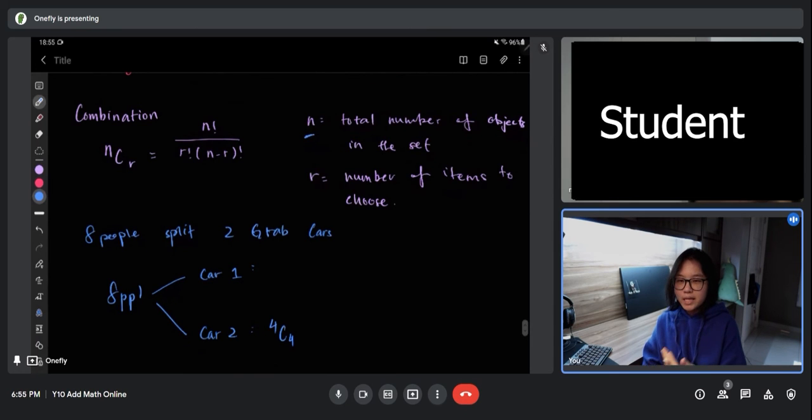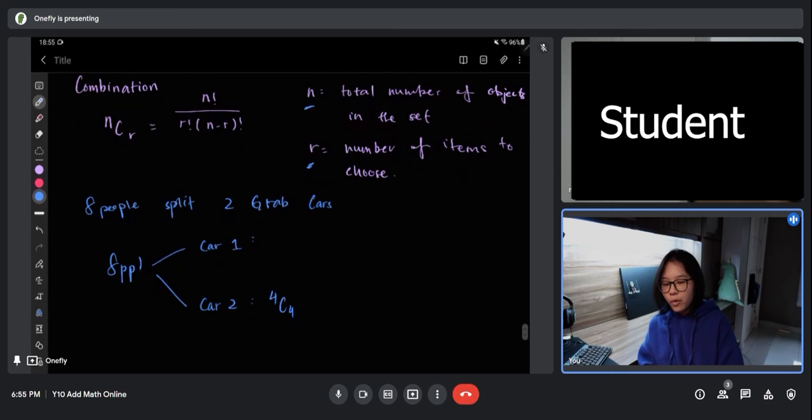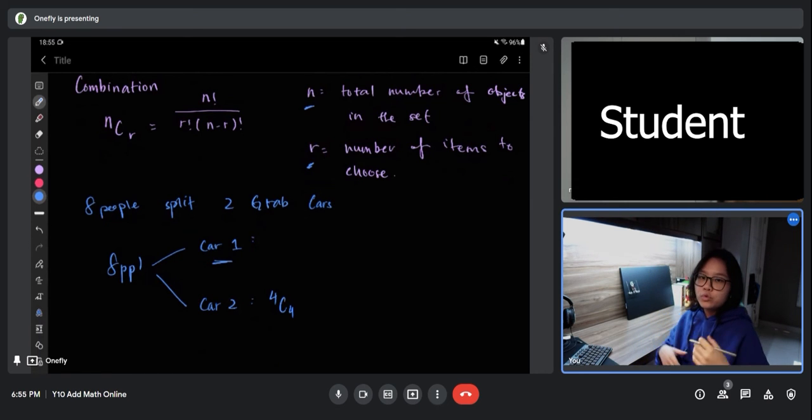I have this many people, I am choosing this many people. Before I call the second car, I'm calling the first car. I have 8 people to fit in the first car.